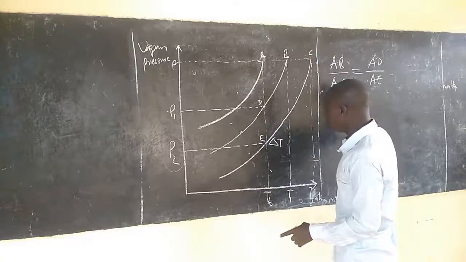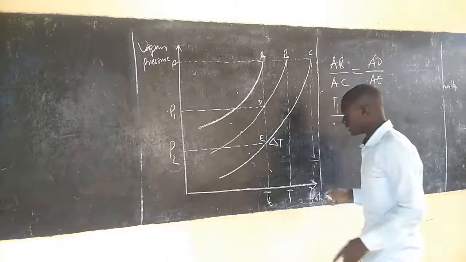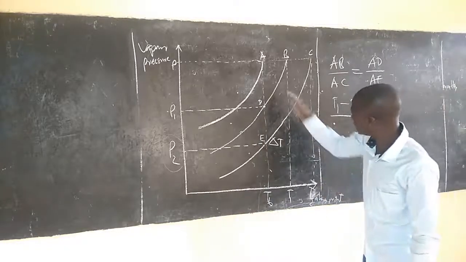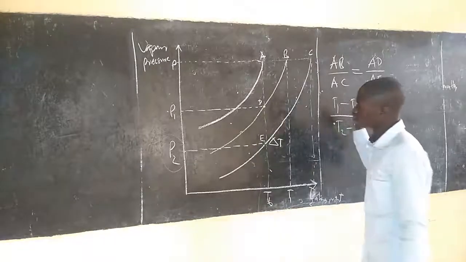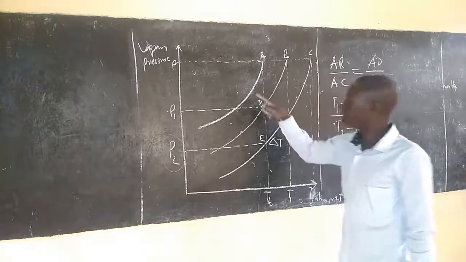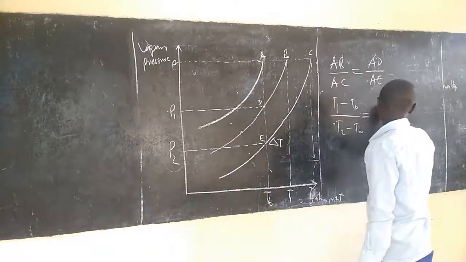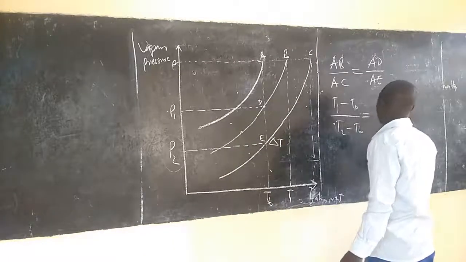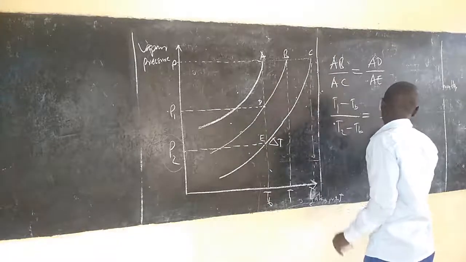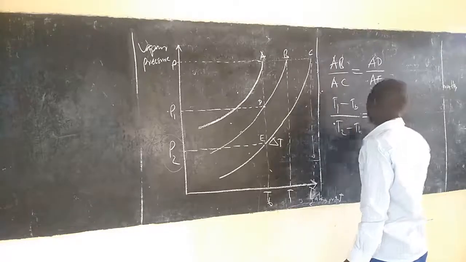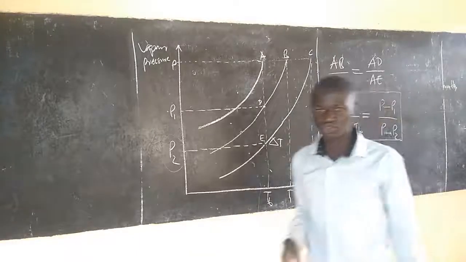So AB is T1 minus TB divided by AC, which is T2 minus TB, is equal to AD, which is P minus P1, divided by AE, which is P minus P2. So this is the ratio which you can conclude. Ndio ratio ambayo tunataka conclude kutoka kwenye graph.